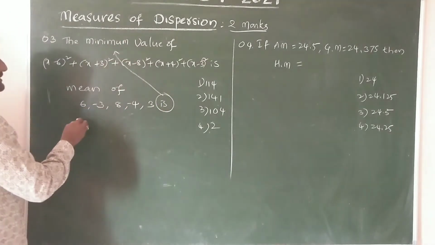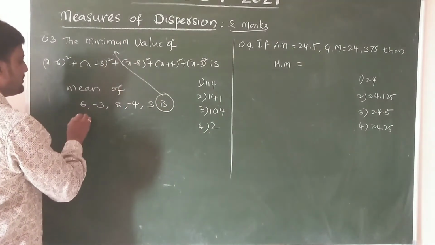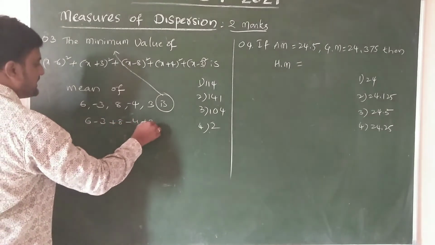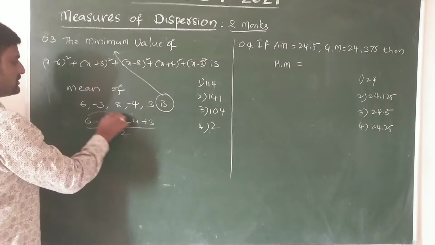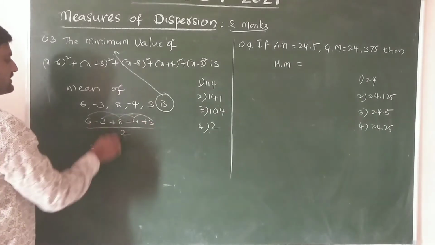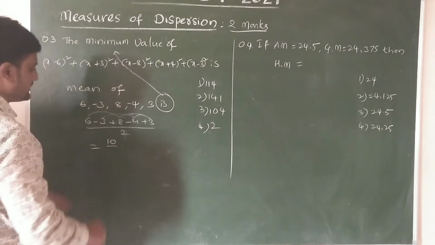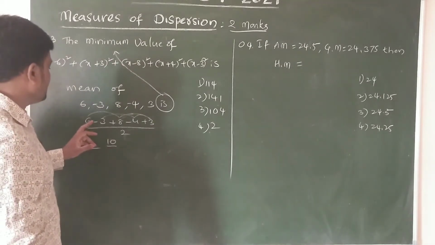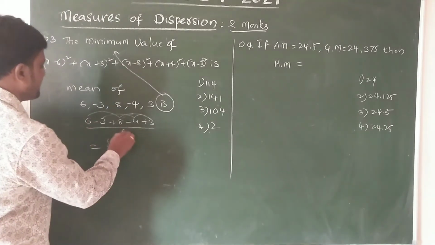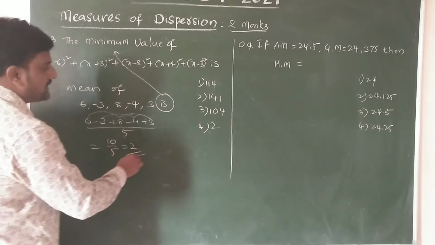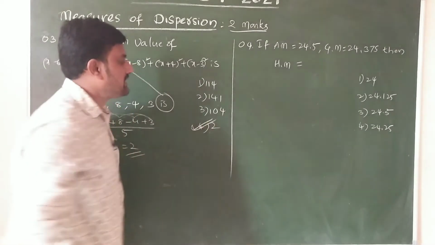Then adding all, we get 6 minus 3 plus 8 minus 4 plus 3, which is 10, by 5, that equals 2. Okay, the fourth one is our right option.